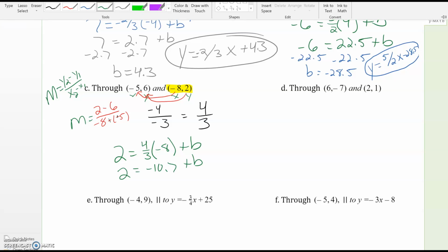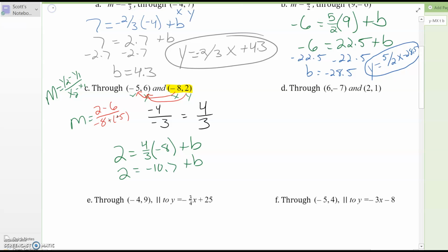Then I will add 10.7 to get b equals 12.7. And I have y equals 4/3 x plus 12.7.